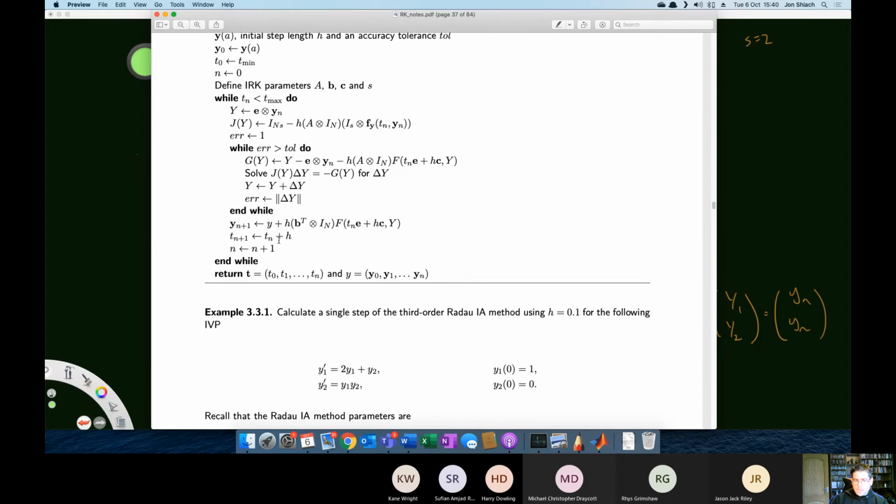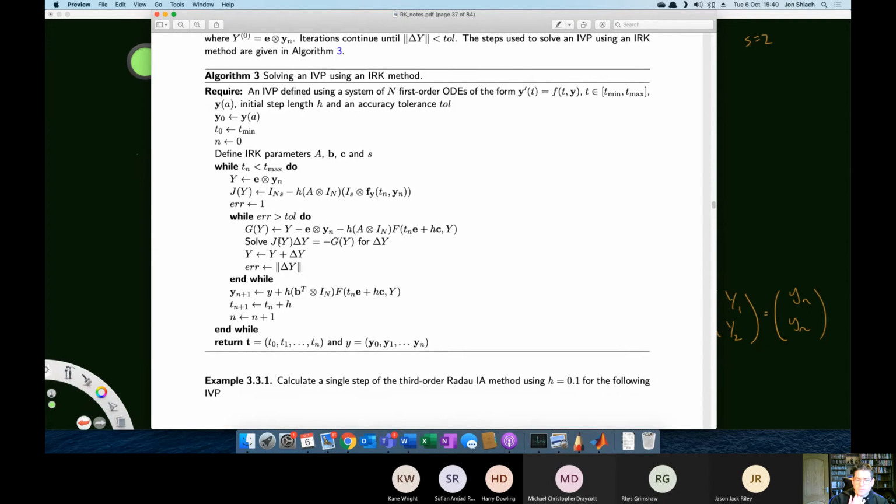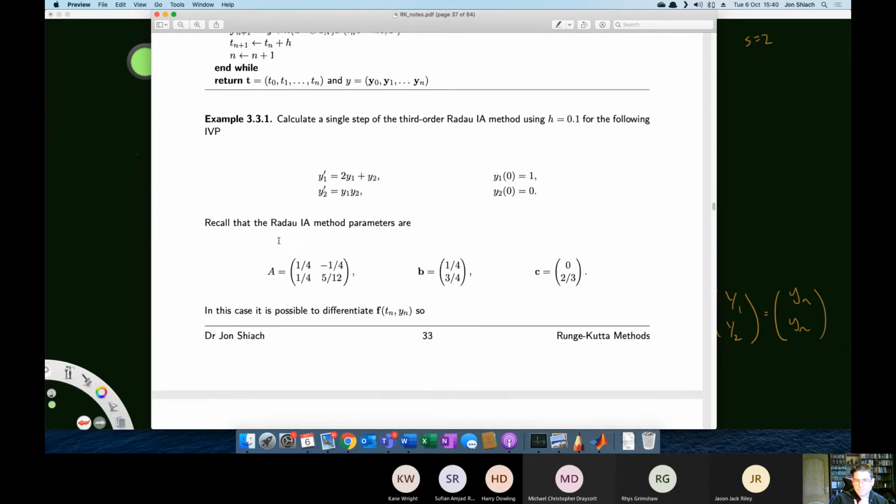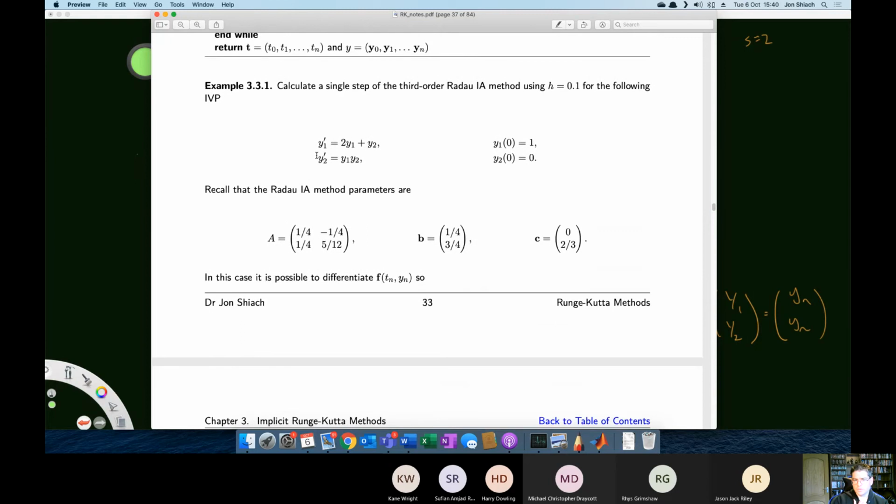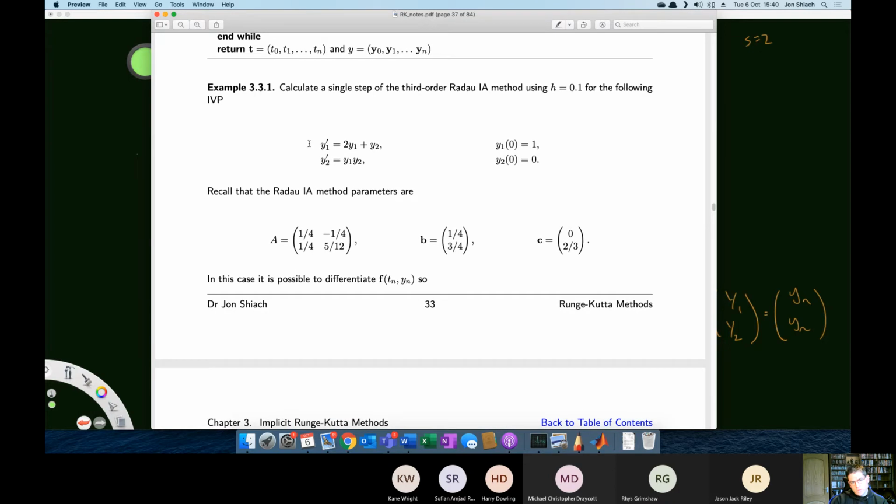Okay, so I'm just going to talk through the solution, the example here. As always, start with a simple example just to understand the method first. Here we've got quite a simple system of 2 equations.